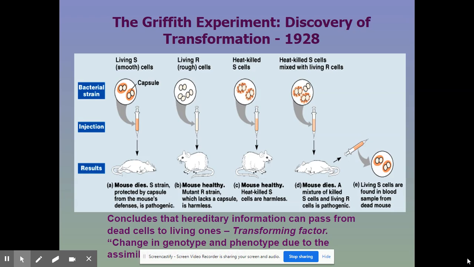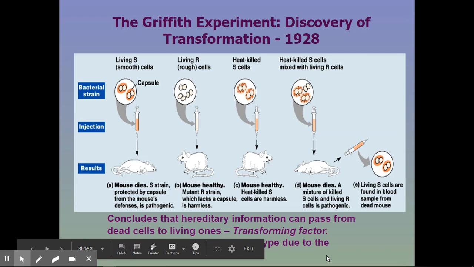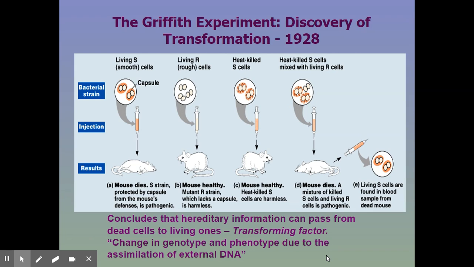You went over this in your mobile classics, so I'm not going to spend much time on it, but the main point is that hereditary information can pass from dead cells to living cells.